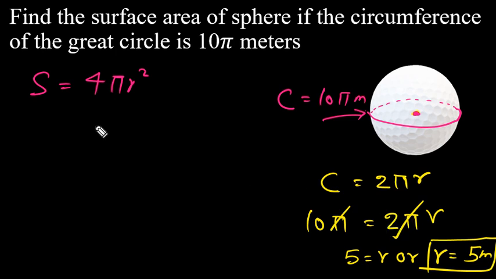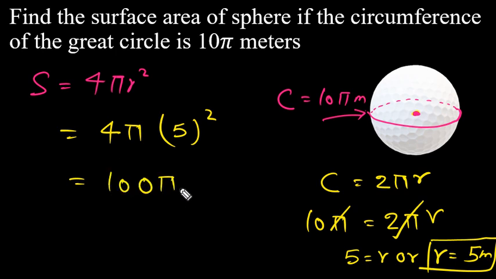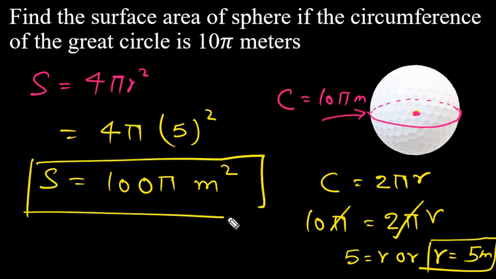That will be your radius. Now use the formula, 4 pi times 25. 25 times 4 will give you 100 pi meter square. So that is your surface area.